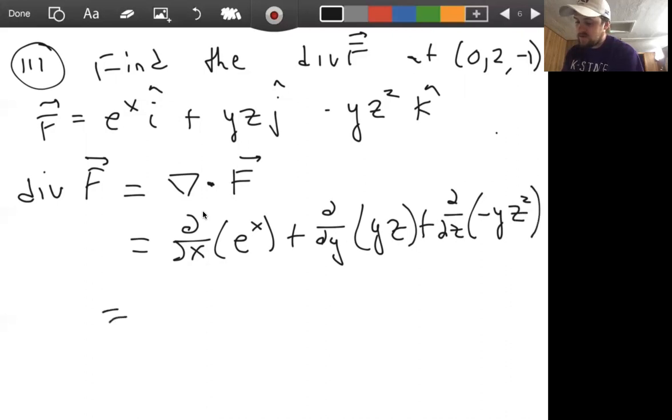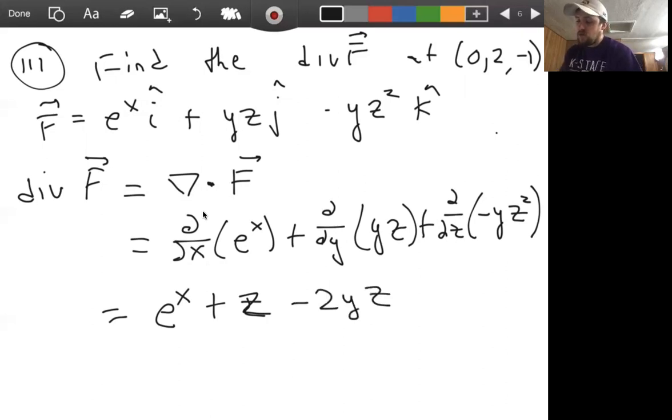This gives us: the derivative with respect to x of e to the x is e to the x. The derivative with respect to y of yz is z. And the derivative with respect to z of negative yz squared is minus 2yz.